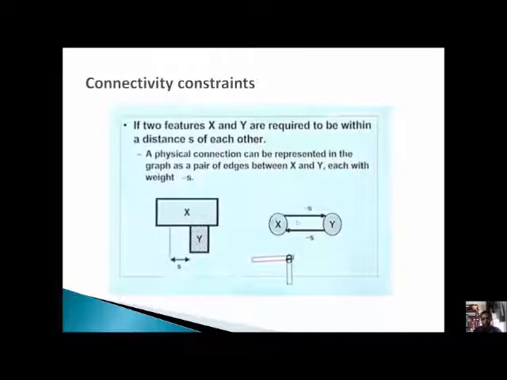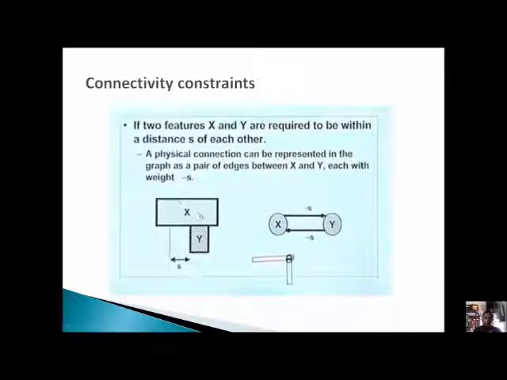Here we show x and y. It is represented as minus s, because s represents the distance, but minus s represents the minimum connectivity distance it should have to connect these two rectangular blocks. This is the connectivity constraint.